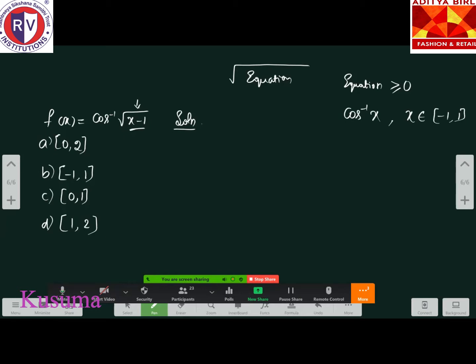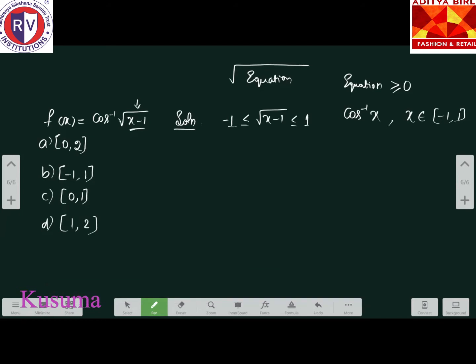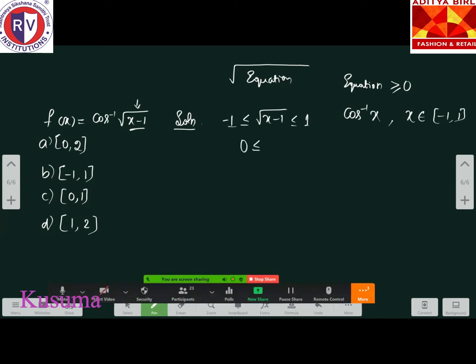Root of x minus 1, isn't it? So this root of x minus 1 must be between -1 to 1. But we know the equation under the root must be positive. That is, this x minus 1 must lie between 0 and 1.